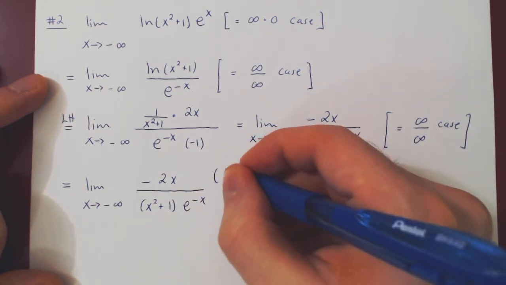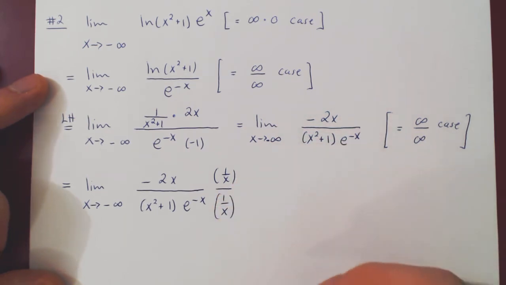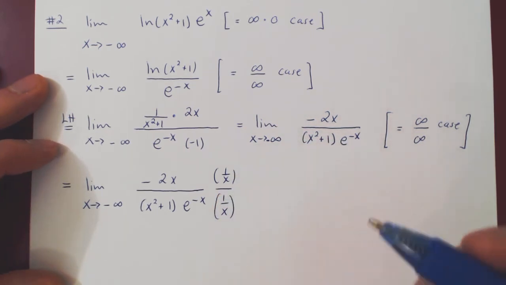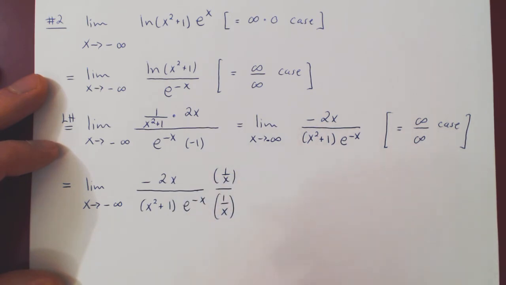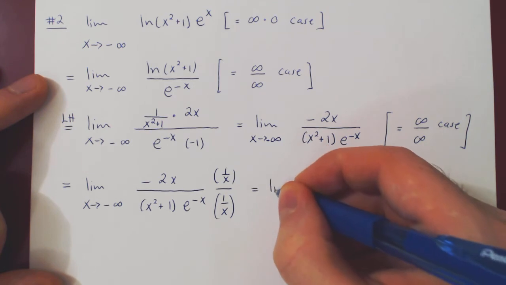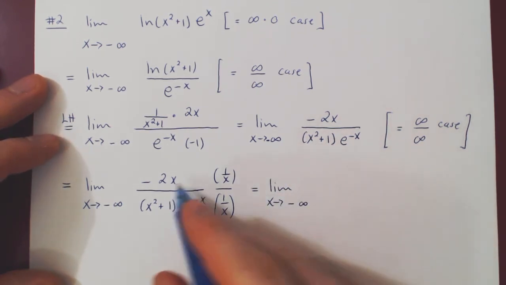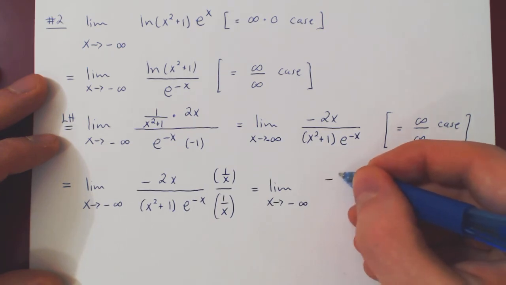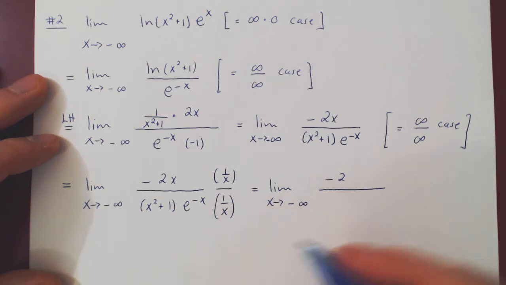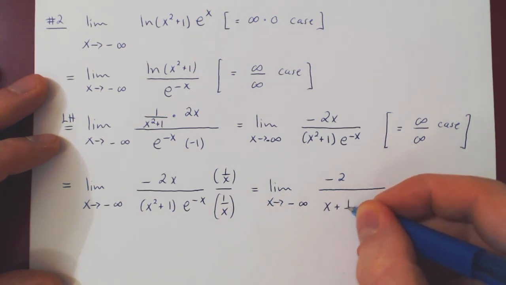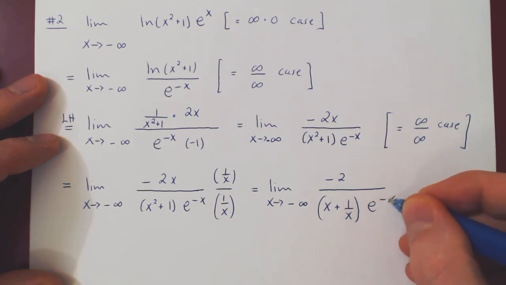So as I've said, I'm going to multiply the expression by 1, being 1 over x, as 1 over x over itself is 1, and now I will distribute with this term and with this term. So x times 1 over x is 1, so we're left with negative 2 on the numerator, over x squared over x is x, plus 1 over x, times e to the negative x.